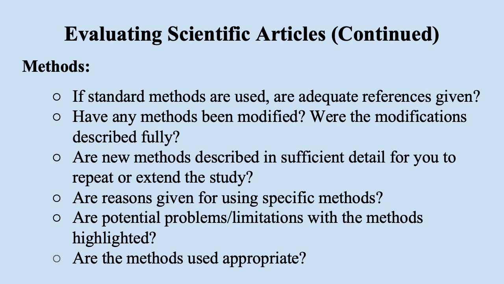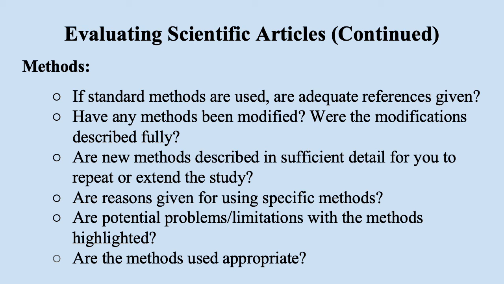So one section that is pretty standard in scientific articles, which we don't see so much in the humanities, is the methodology section. So it's important for when you're evaluating an article, you want to make sure that standard methods are being used and adequate references are given for those methods.